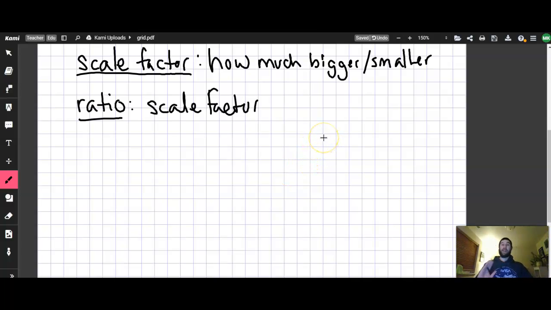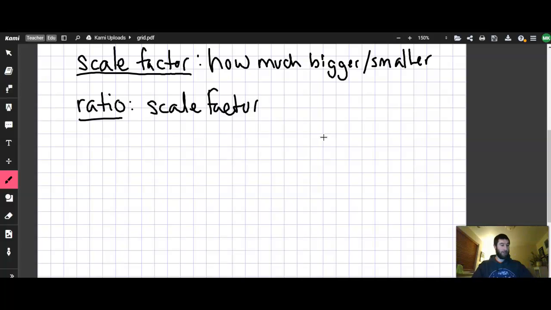And so the last word that I want to be able to tie into this is proportional. Last week we talked about a proportion, comparing two sets of fractions and solving. That was on purpose because a proportion is all about matching and comparing two things as well. So the scale factor is the number that's our multiplier, how much bigger or smaller that is. That is our ratio. Our ratio can be 2 times as big or 3 times as big or half as big.